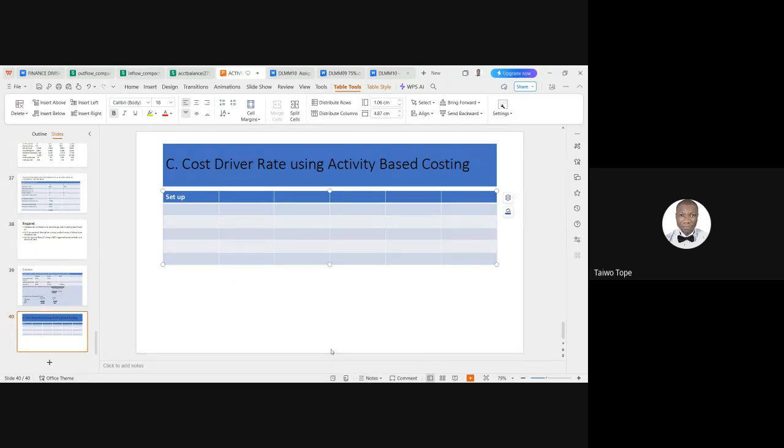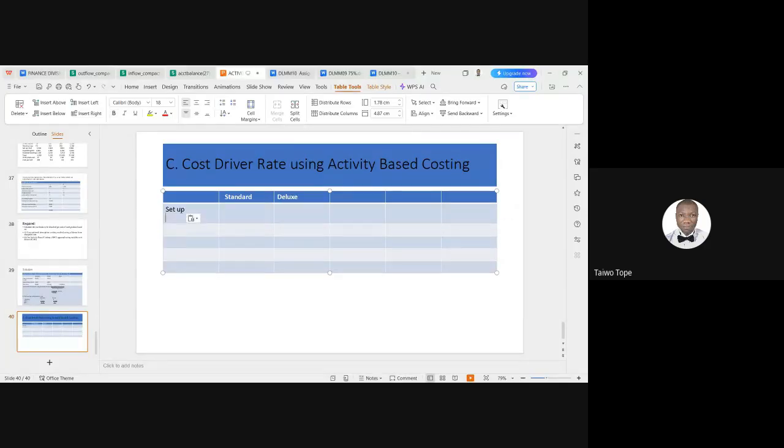Let's put that down. So setup, we have standard, we have the loss. So now, for standard, we have 24,000 units as the annual production.